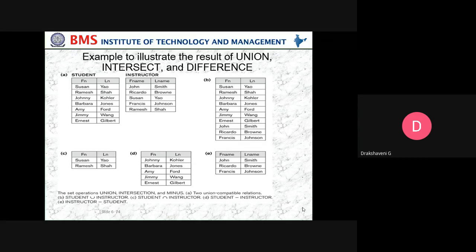For this, we have seen how union, intersection, and minus work on two union compatible relations: student union instructor, student intersection instructor, student minus instructor, instructor minus student.